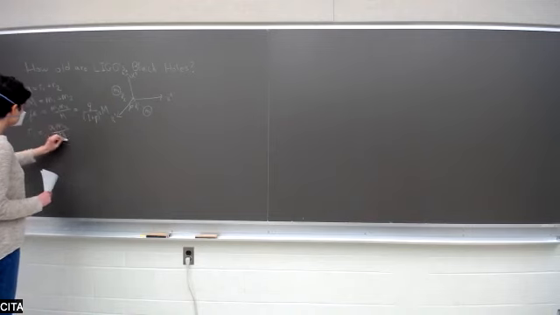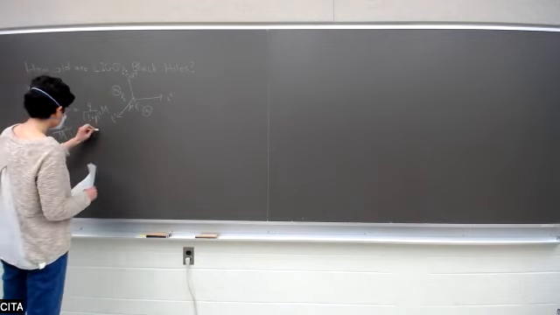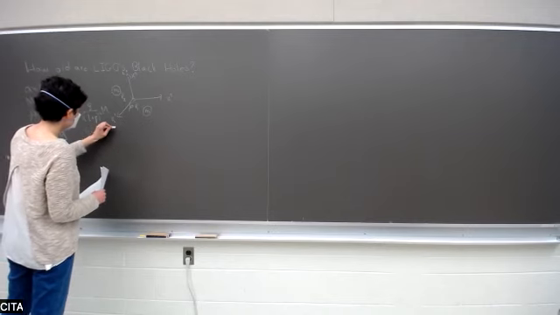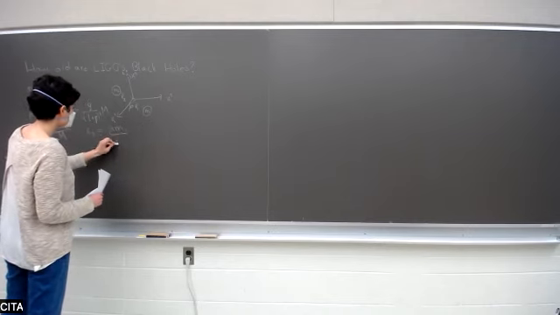And then because we're in center of mass coordinates, we have R1 is a times M2 over M, and R2 is a times M1 over M.